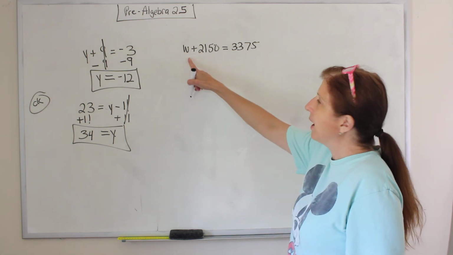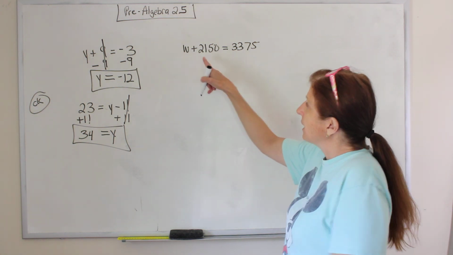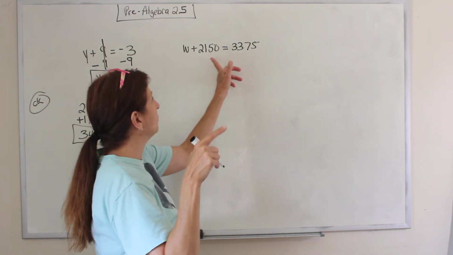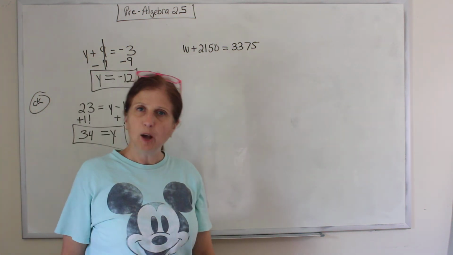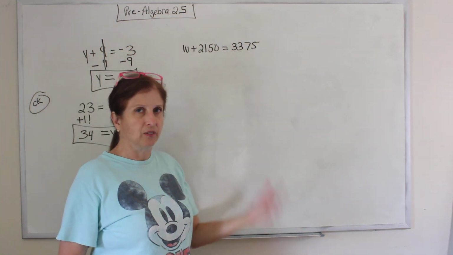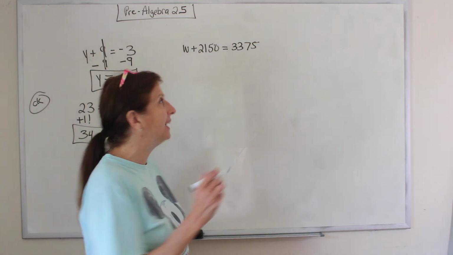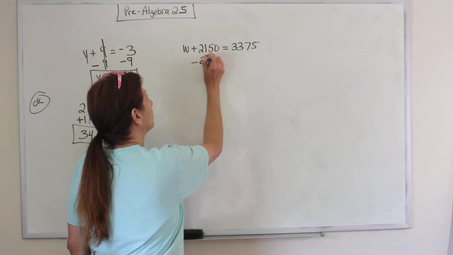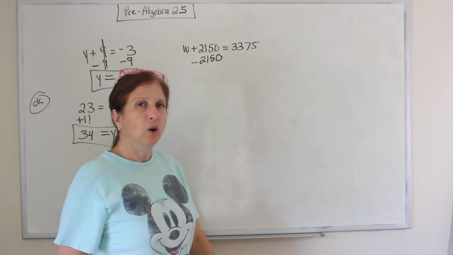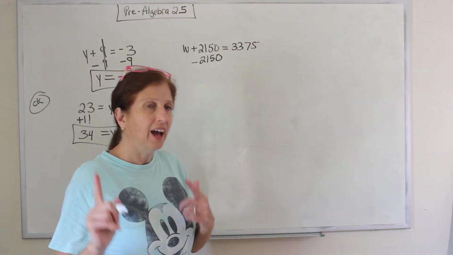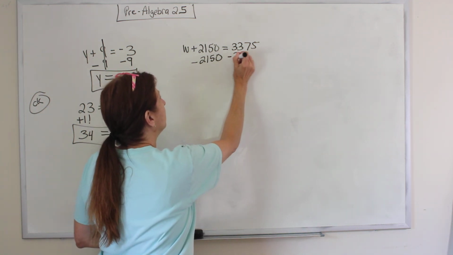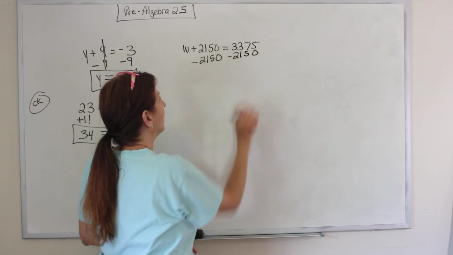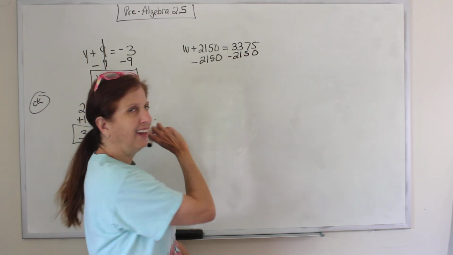Okay. Why is W not alone? Because it has plus 2,150. What's the opposite of plus 2,150? That's right, minus 2,150. What I do to one side, I do to the other. Minus 2,150.